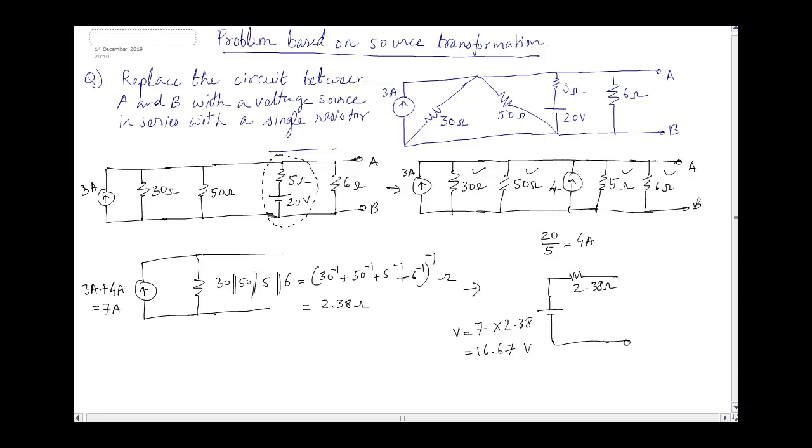So here we have the answer: a circuit with a voltage source in series with a single resistance. Thus, source transformation is basically used to reduce the complexity of a circuit to solve the circuit much more easily.